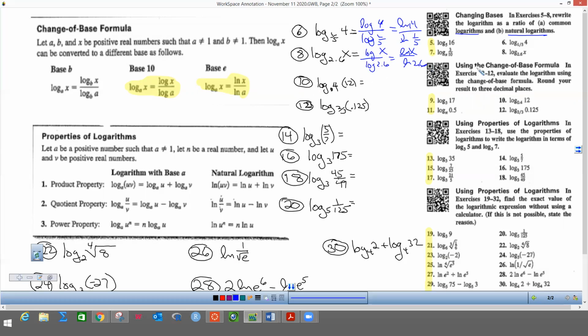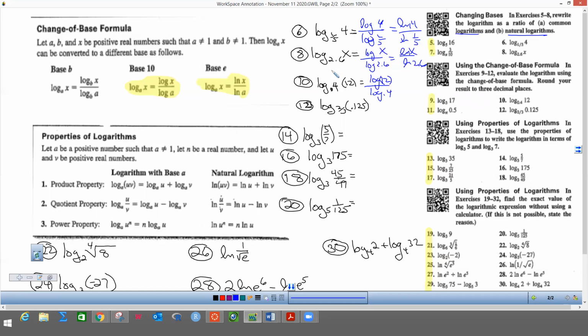Now, part 10 over here says using change of base formula, evaluate the log. So you're supposed to do log of 7 divided by log of 0.4, and you type that in your calculator. The log button is to the left of the 7.